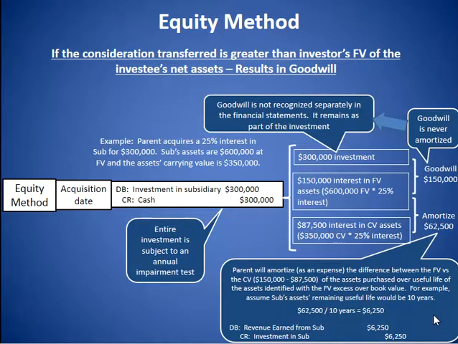Now, for example, let's assume the subsidiary's assets, the ones we purchased, are going to have a remaining useful life of an average of 10 years. So we would take the $62,500 we need to amortize and divide that over the 10 years of remaining useful life of those assets with the carrying value, and we would have an expense.